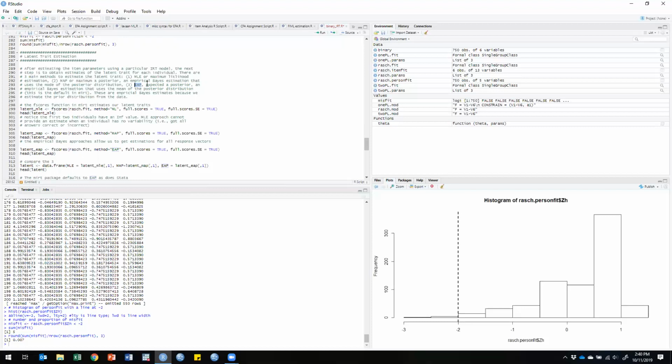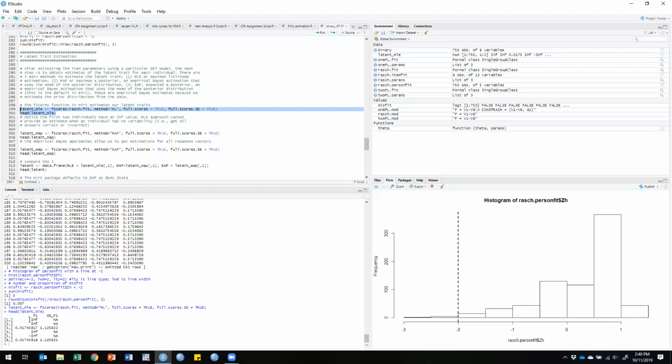So the first one is basically we're going to use a maximum likelihood estimation to calculate the factor scores. The downside to using this is any individual who got all the items correct or all of the items incorrect, we can't estimate an ability score for them.